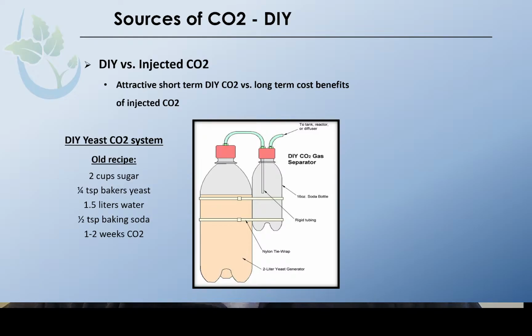It is horrible. It takes several weeks to get that smell and gunk out of the tank. The old method used to be just 2 cups of sugar, baker's yeast, water, and baking soda, and you could get about 1 to 2 weeks of steady CO2.